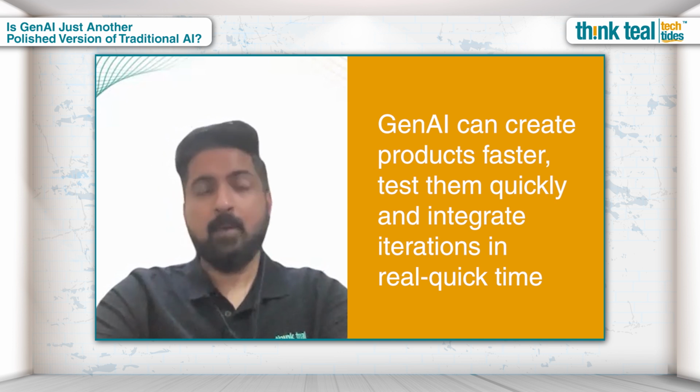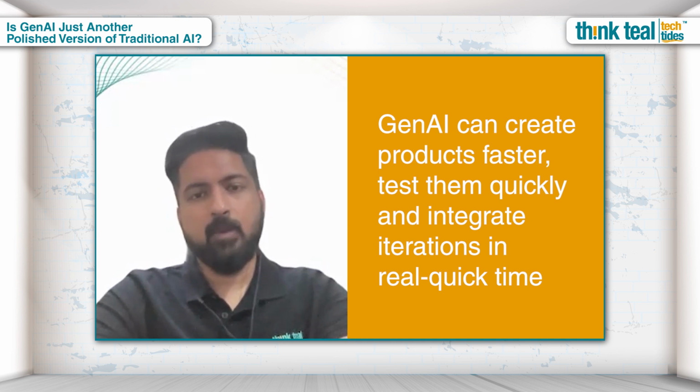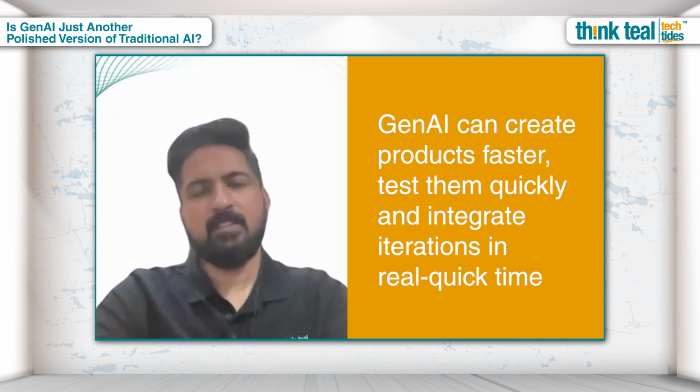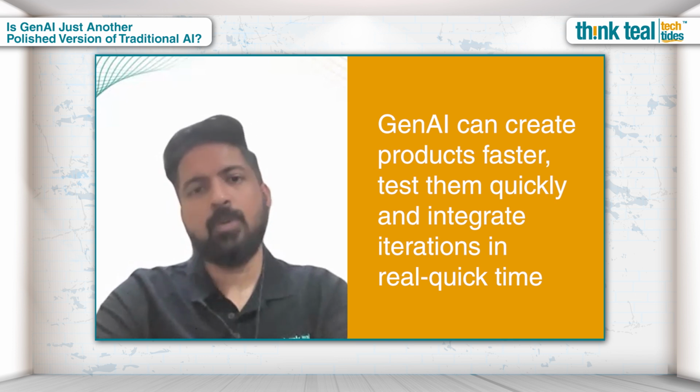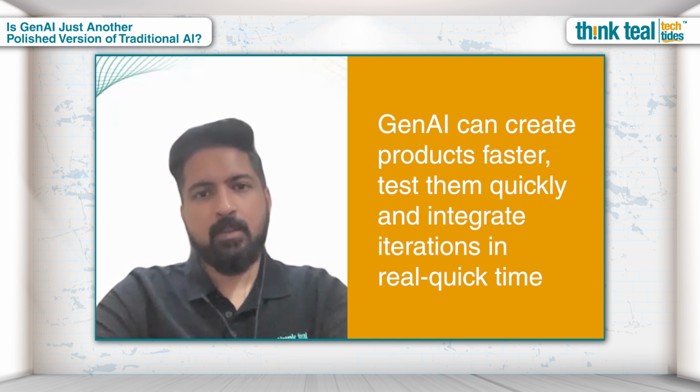Based on your business data, GenAI can allow you to innovate faster and create unique products that meet your specific customer needs. And we always talk about, fail fast and fail safe. With GenAI, you can truly take that approach, and you can innovate faster, which gives R&D that edge which it didn't have with traditional AI.